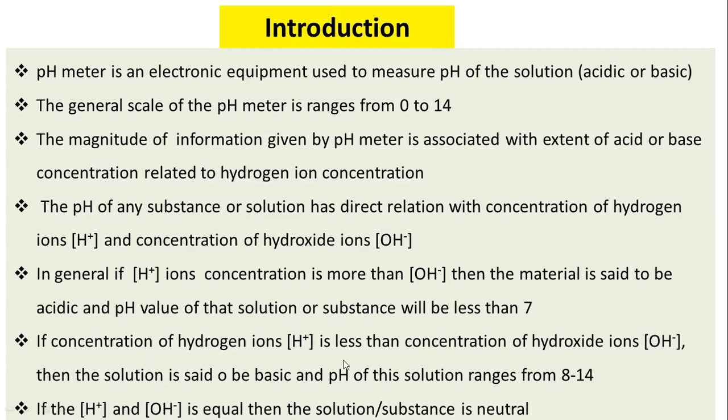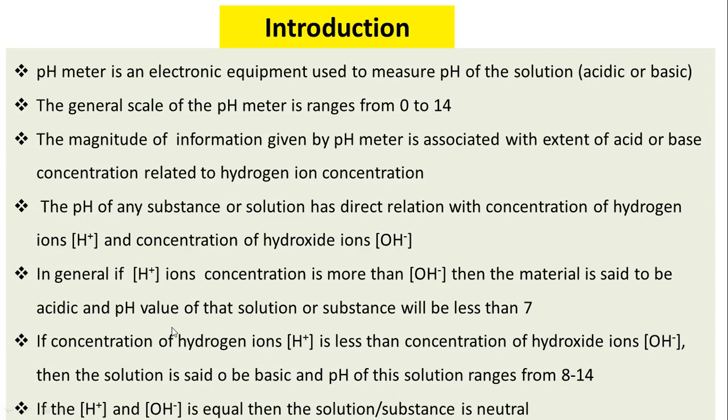If the concentration of hydrogen ions, that is H+, is less than the concentration of hydroxide ions, that is OH−, then the solution is said to be basic and the pH of the solution will range from 8 to 14. So if a particular solution is basic in nature, for example NaOH or KOH, the pH will range from 8 to 14, and it will be recognized as a base or basic solution.